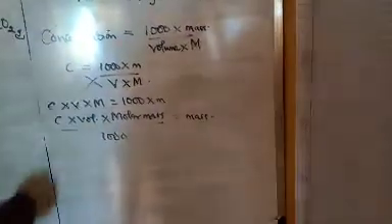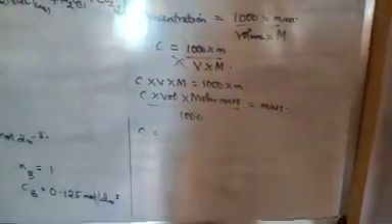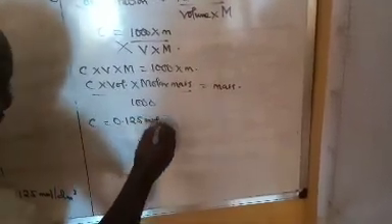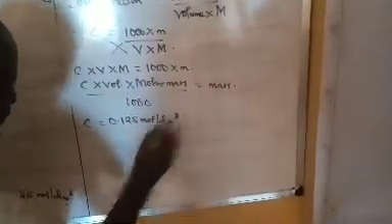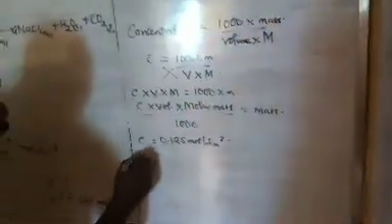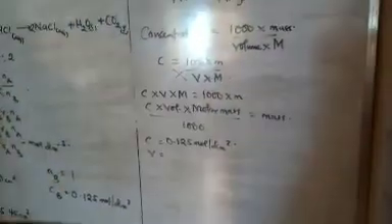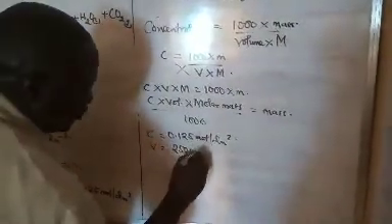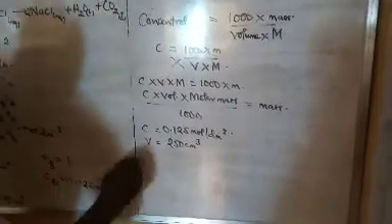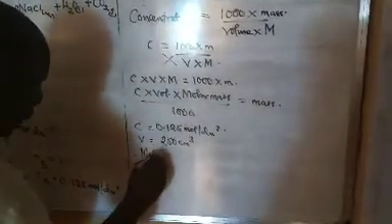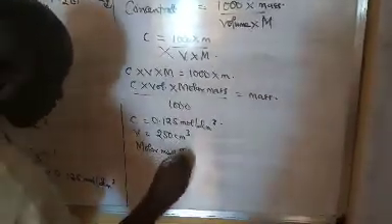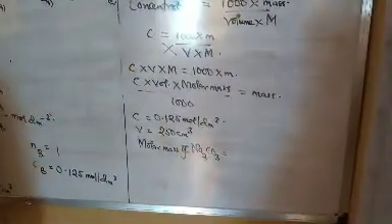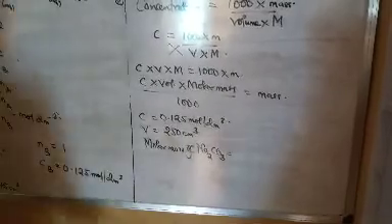That's it. So I have my concentration C from the question, which is 0.125 mole per dm cube. Then the volume given to me, V, is 250 cm cube. Then the molar mass of the weak base, sodium carbonate, Na2CO3. You find the molar mass.